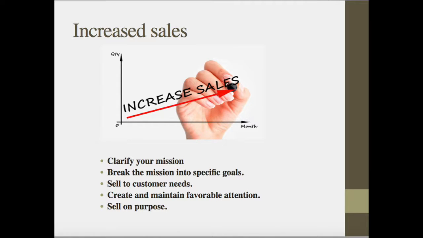Effective marketing, resolve, strong sales skill, and strategic question are the key to create favorable attention. And the last one is sell on purpose. If you have no idea what you have to do in the selling process, you have to get some training and some guideline.